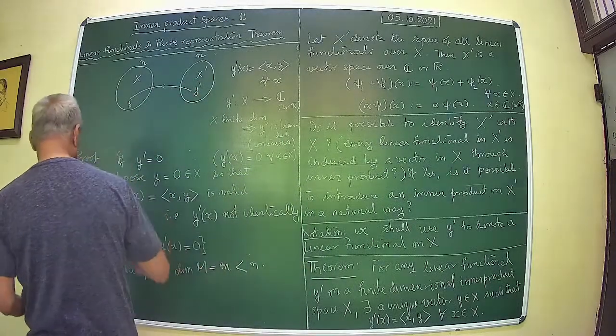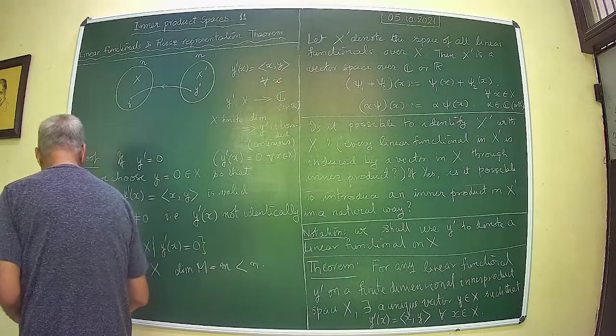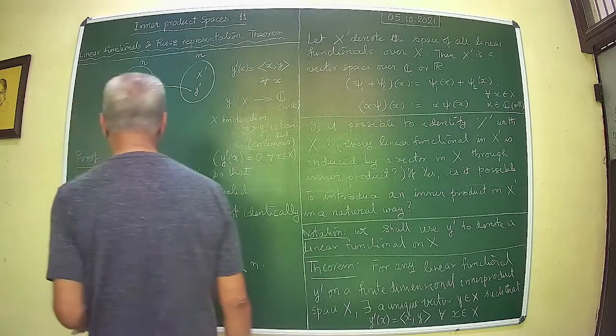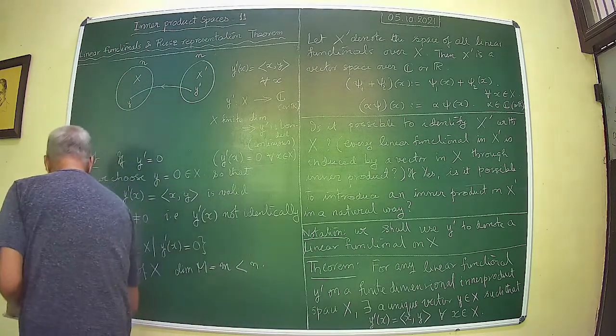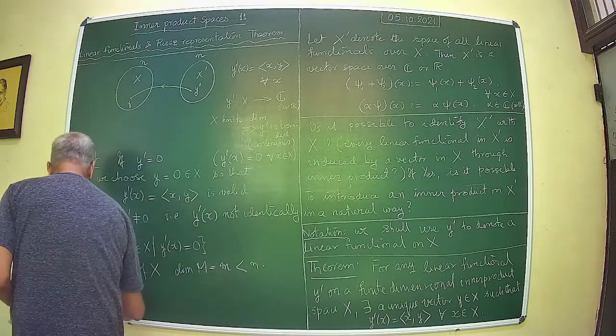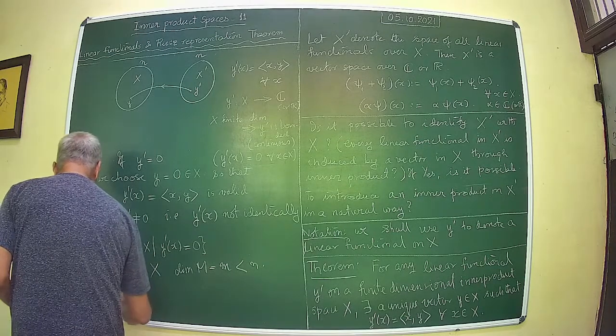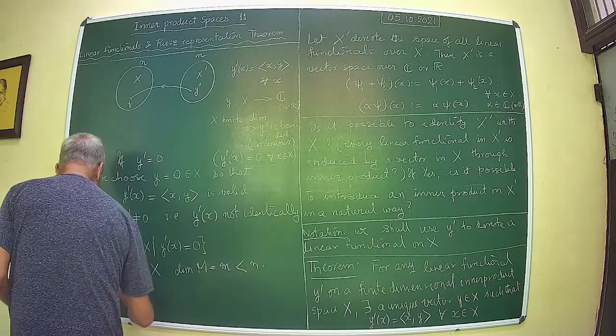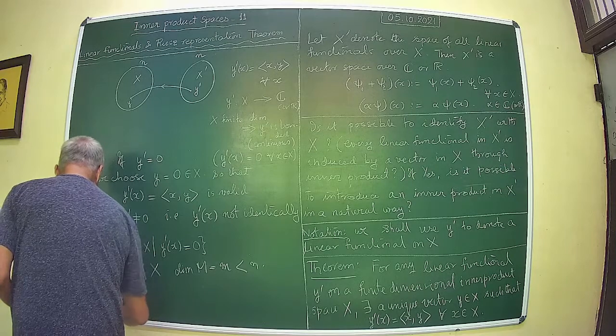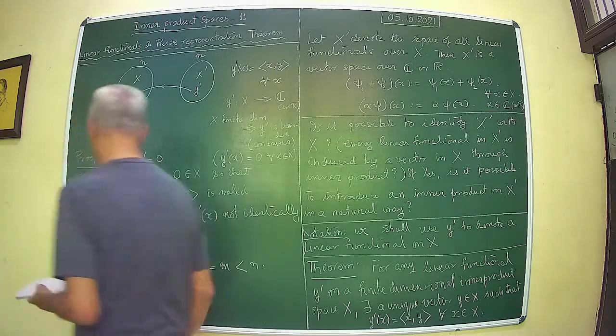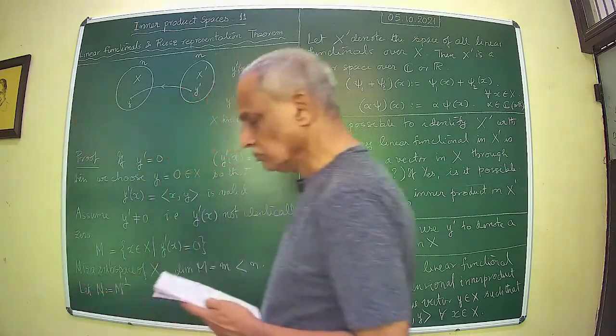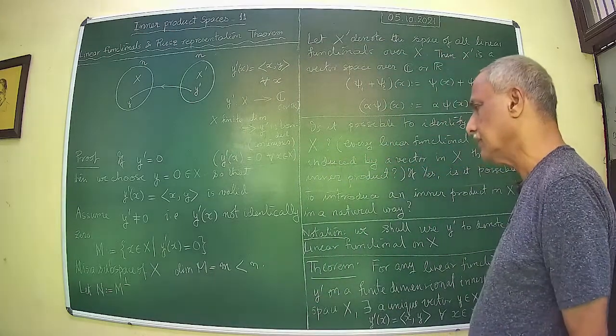Therefore, using the previous result, we can talk about M perp. Then of course we know that X is equal to M direct sum M perp.